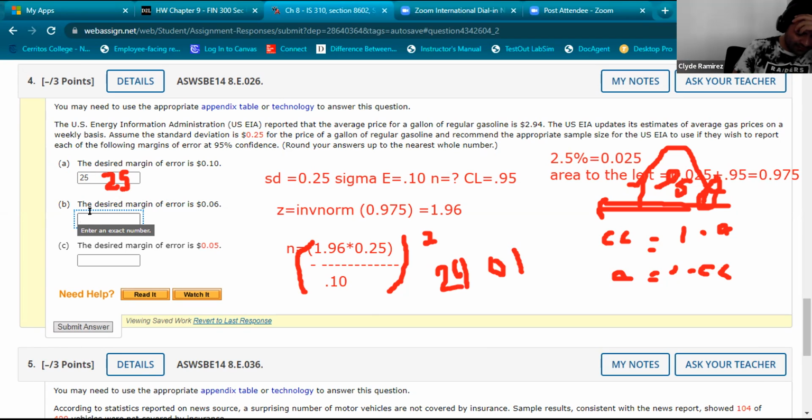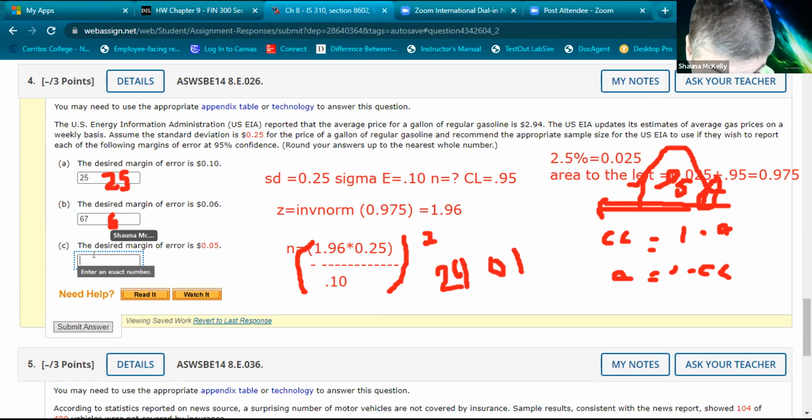Divided by 0.06, 8.1666. Okay, now square that number. It's 66.69. So if you round up, then this would be 67, right? Yeah.